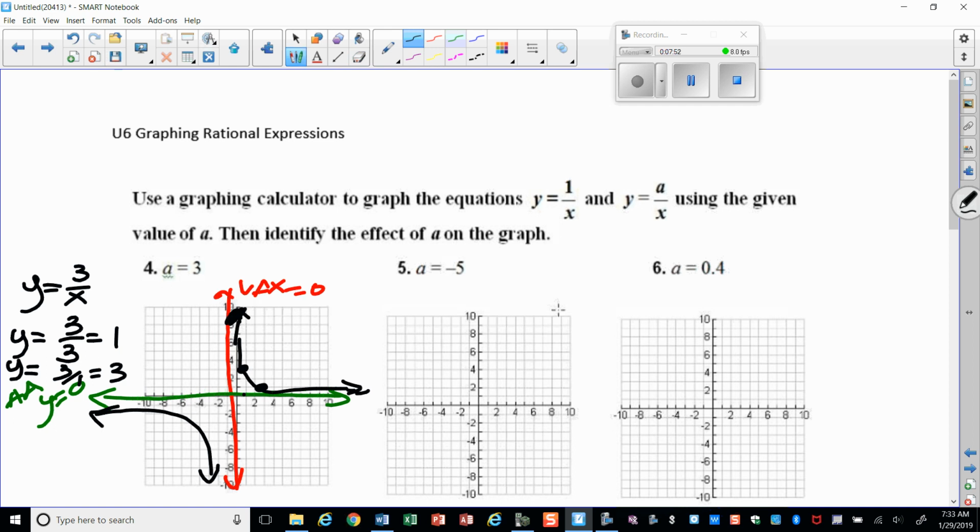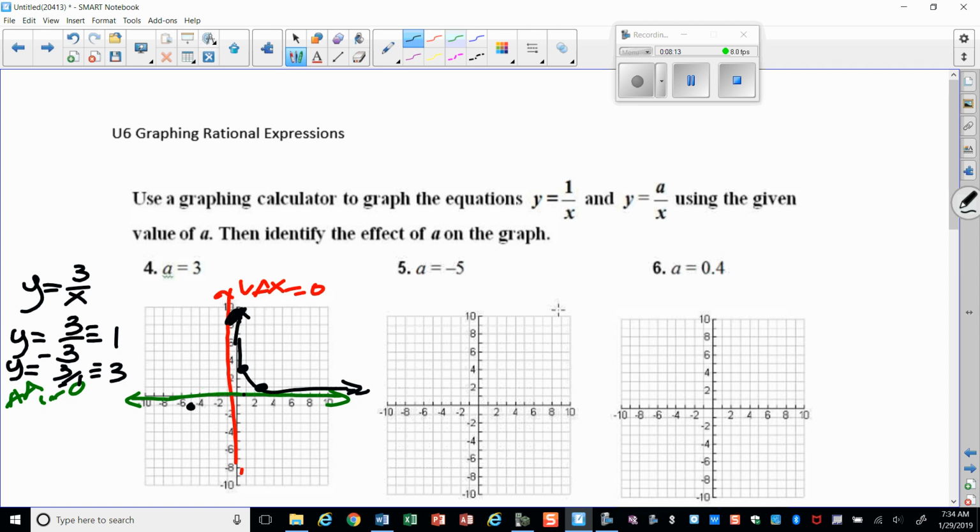Okay, and then if x is negative 3, I'll do that. All right, notice if I make x be negative 3, it's just going to be negative 1. So negative 3, negative 1, and if x is negative 1, it would be negative 3. So negative 1, negative 3.